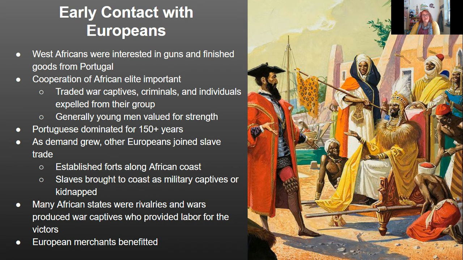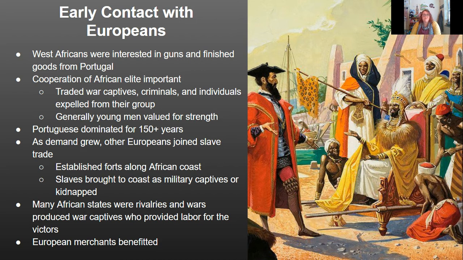Many African states had rivalries and wars that produced war captives who provided labor for the victors. Now, what you should also understand is that because human life was now a value, it was now a dollar number, people seeking to get out of their station or seeking to get out of poverty, to live a more comfortable lifestyle, would begin kidnapping people.